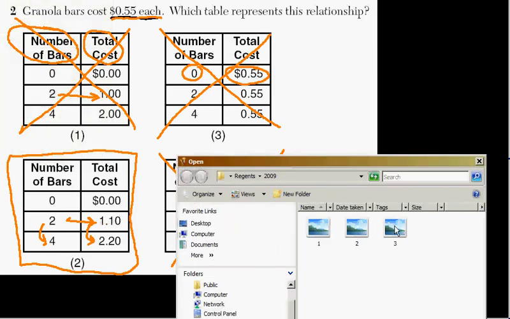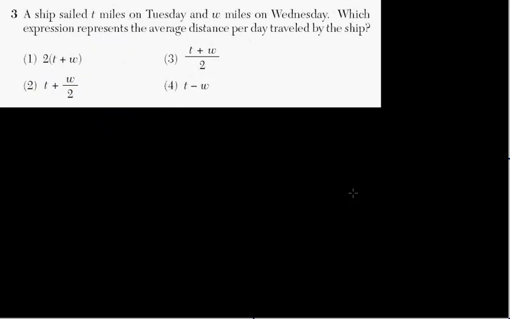Let's go to problem number 3. Let's see. It says a ship sailed T miles on Tuesday and W miles on Wednesday. Which expression represents the average distance per day traveled by the ship? So average distance here. An average means you add up the numbers. In this case, we don't really have numbers, we have variables, but you add them up just the same.